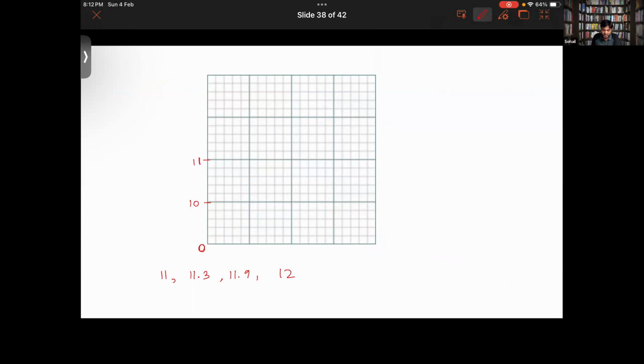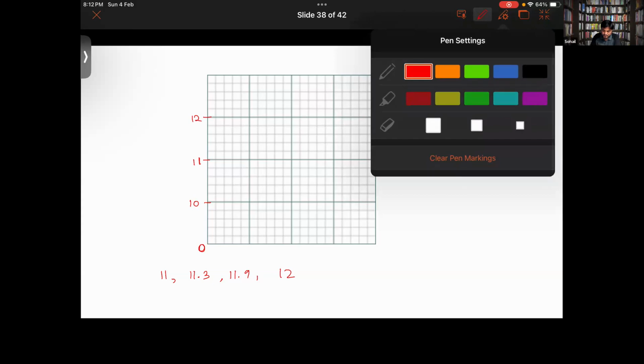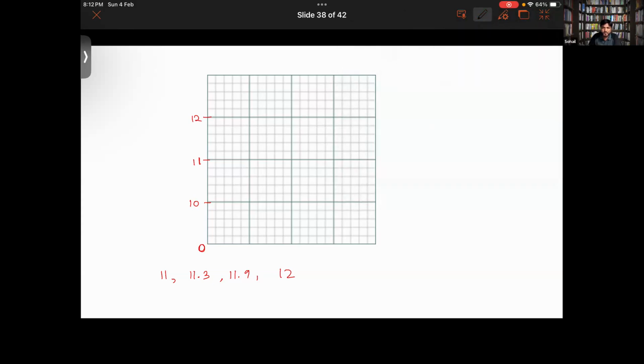Let's take it to be 12. Like in a Cartesian plane, there is also negative and positive, right? See, I'm having a very small graph paper here. That's why I'm drawing from here, because if I were to draw from the middle, I will not be left with enough space around.